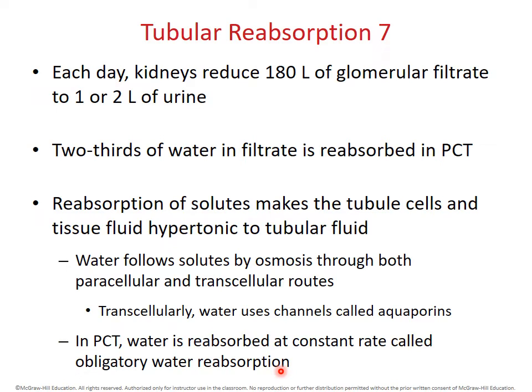There's nothing we can do about this. We must reabsorb this much water at the proximal convoluted tubule, and we don't have any hormonal or neural mechanisms for increasing or decreasing that percentage. Of course, as I hinted, later in the nephron, especially in the distal convoluted tubule and the collecting duct, we will have hormonal mechanisms that will affect the final percent of water reabsorption that takes place.